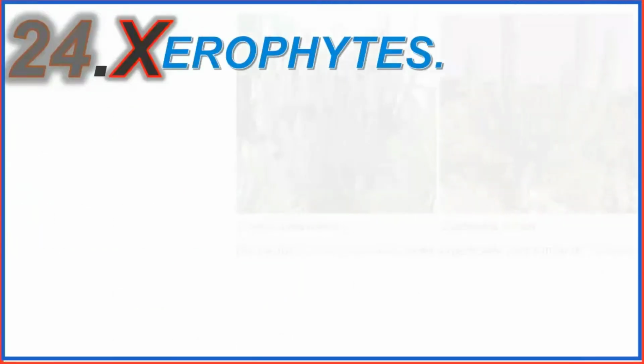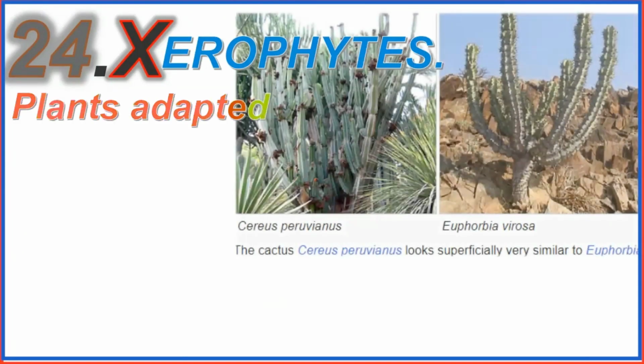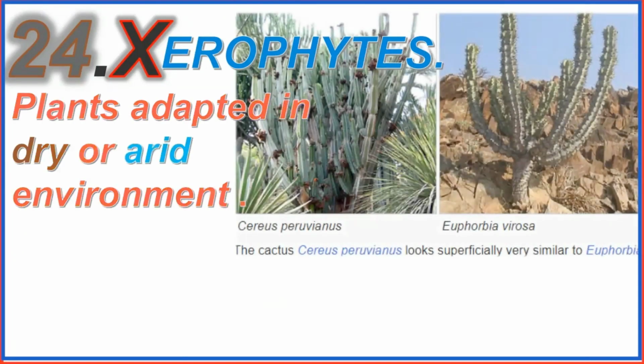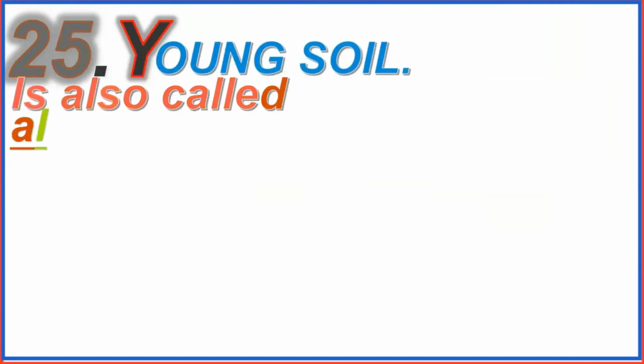X for xerophytes. Xerophytes are desert or semi-arid plants. Xerophyte plants are adapted to dry or arid environments. Popular examples of xerophytes are cacti, euphorbia, and pineapple. Y for young soil.